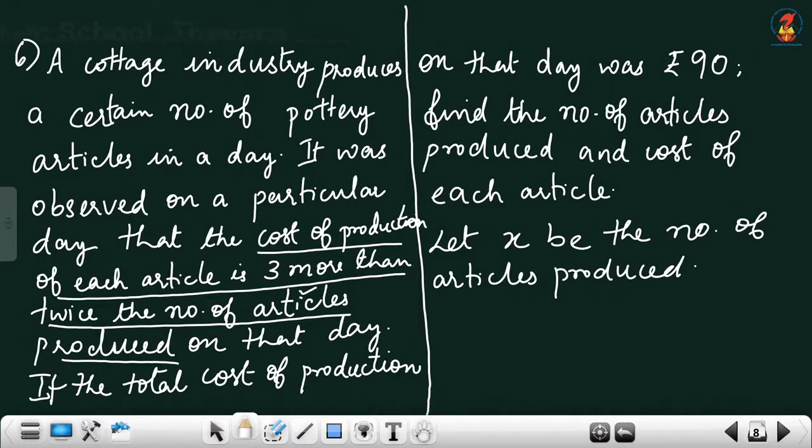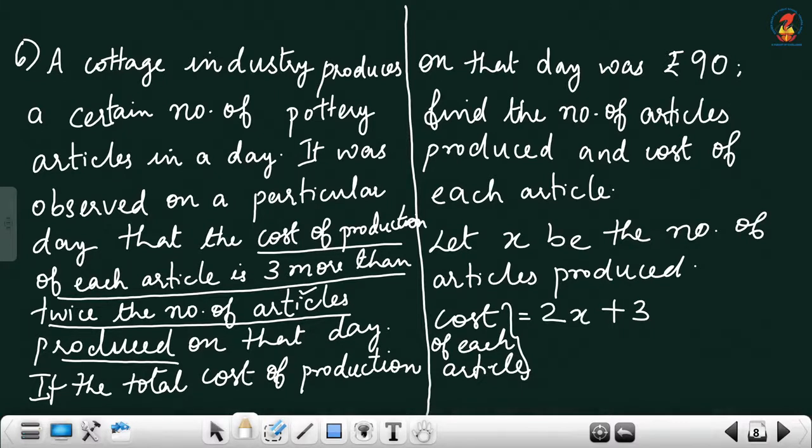If x is the number of articles produced, cost of each article is equal to 3 more than twice the number of articles, 3 more than 2x. That means 2x plus 3.